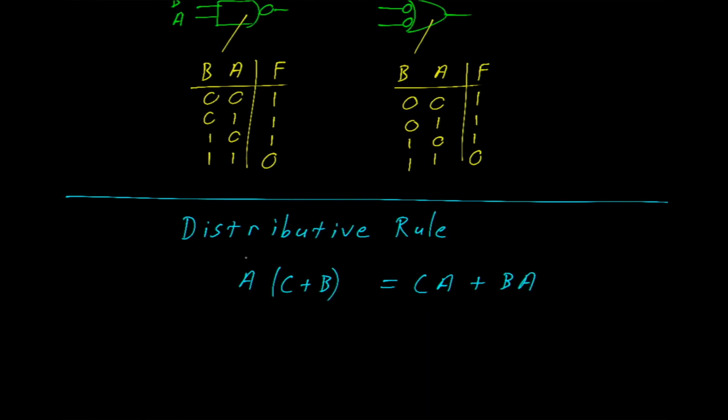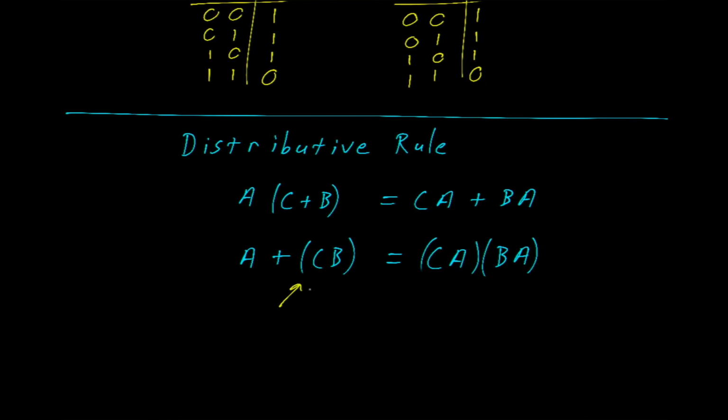But there's another part of the distributive rule that I didn't talk about, and that is A or CB is equal to, quite surprisingly, CA ANDed with BA.